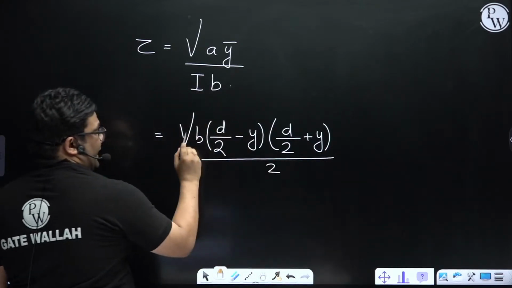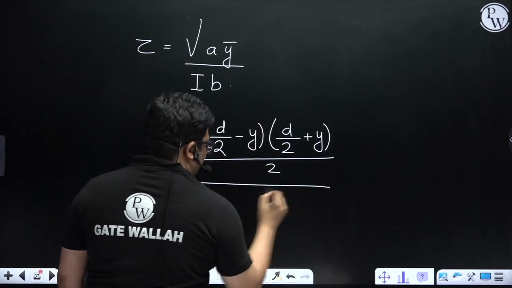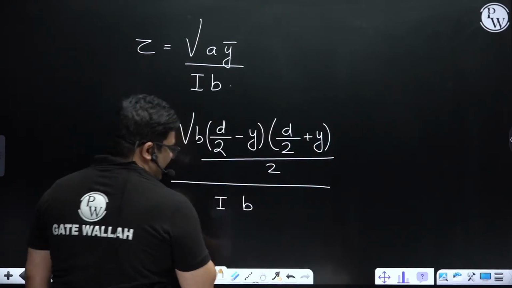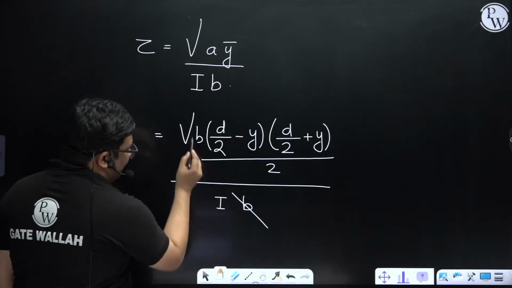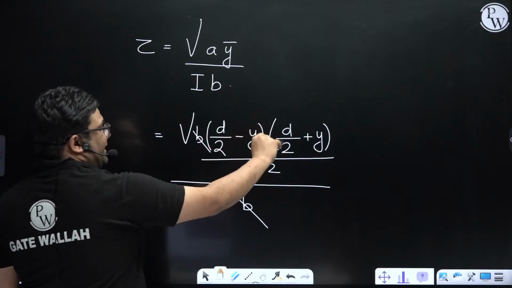So A y bar, then divide by I into B. B gets cancelled here, and this is d by 2 minus y into d by 2 plus y.